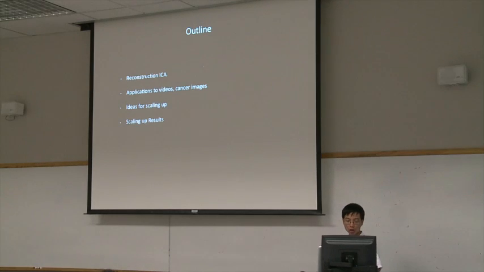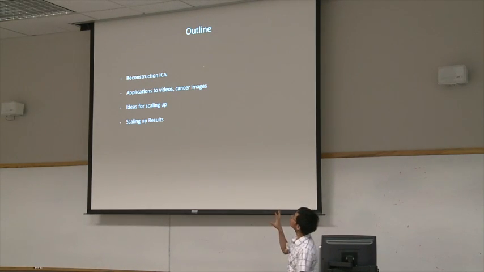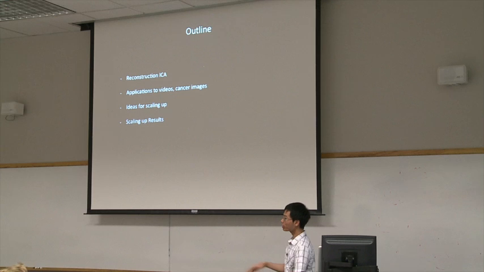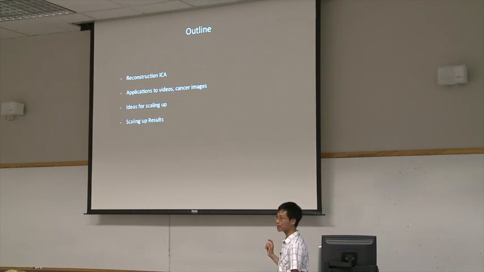Okay, so this is the outline of the rest of the talk. I already motivated the question of engineering features, and the question of using a large amount of data. Now I'm going to talk about reconstruction ICA, which is the algorithm that we use to invent features, to learn features from data. This approach of learning feature representations is interesting because it is not domain specific.